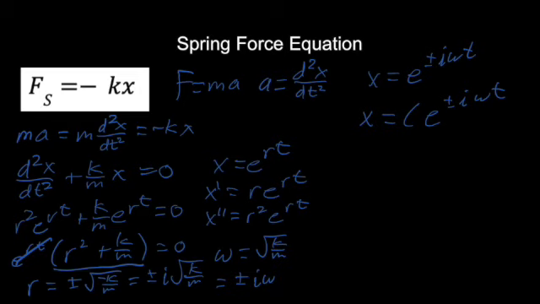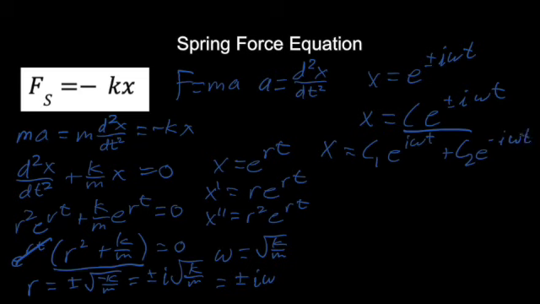Because really when we take the derivative of this whole thing with c, the c doesn't play a role in what's going on. So we can just say that it's some constant. Now, having the plus or minus in the exponent is not particularly helpful, so we can rewrite it as c1, which is just some constant, e to the i omega t, plus c2, e to the negative i omega t.